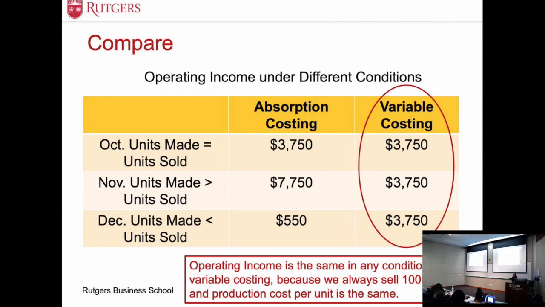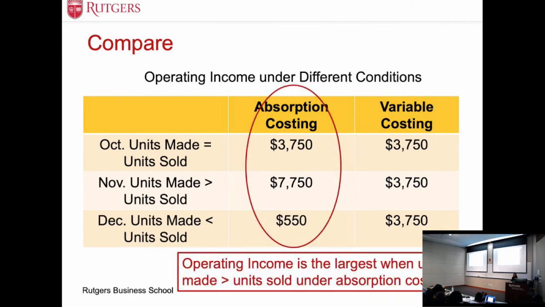They stay the same, because the fixed overhead cost will not affect the unit production cost under the variable costing. But it matters to the absorption costing. And we observe that when we make more than we sold, the operating income is the highest.